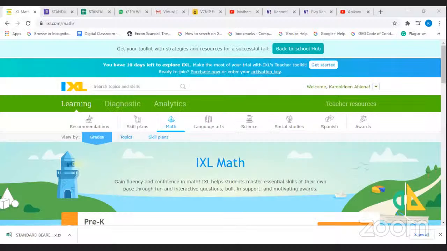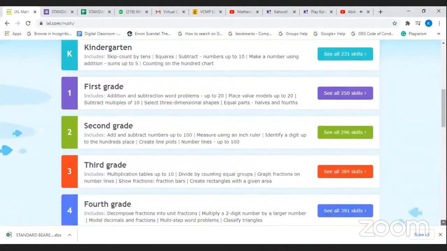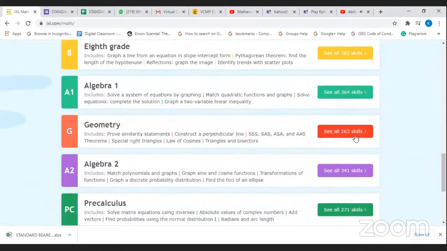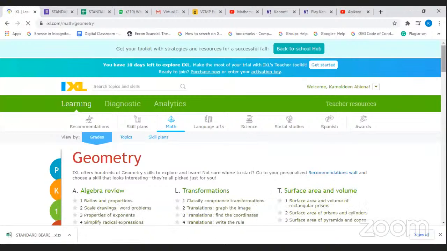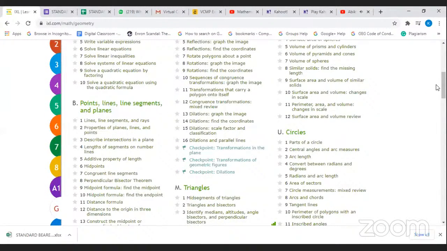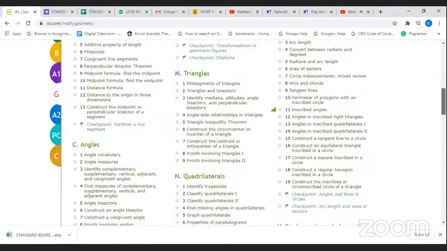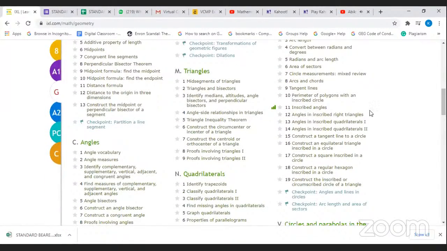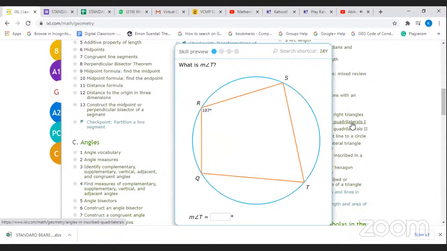Go to geometry, under circle. Under circle, you see angles in inscribed quadrilaterals.